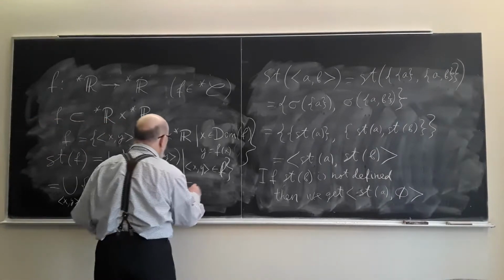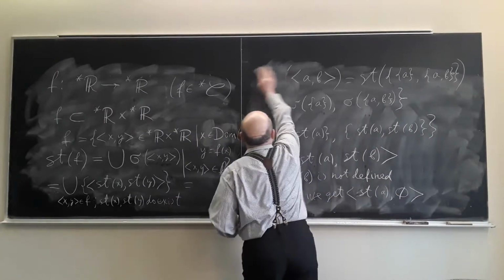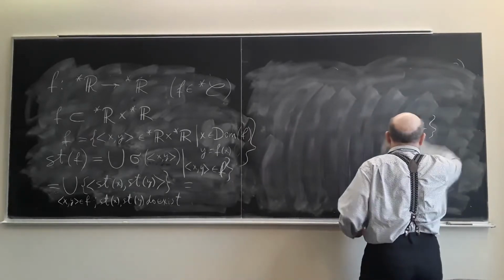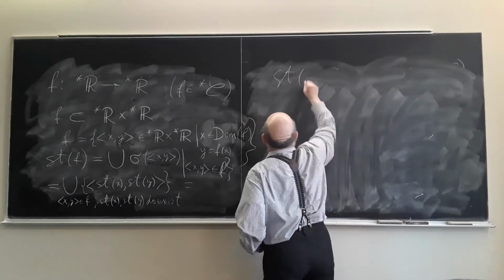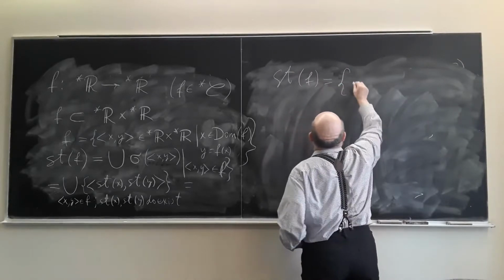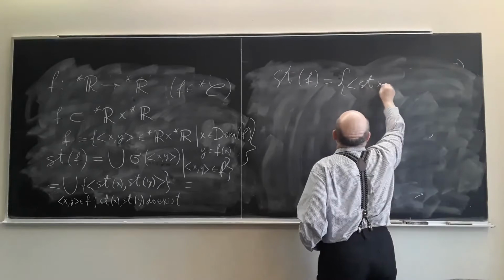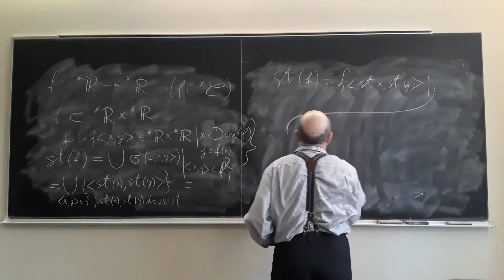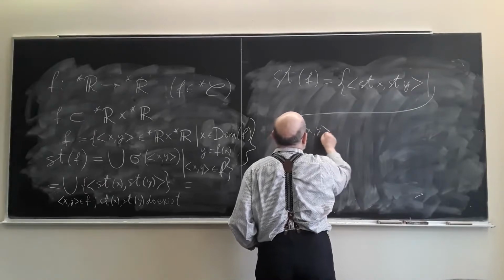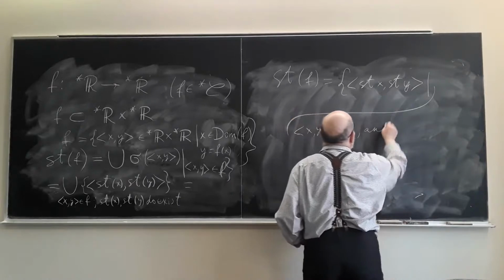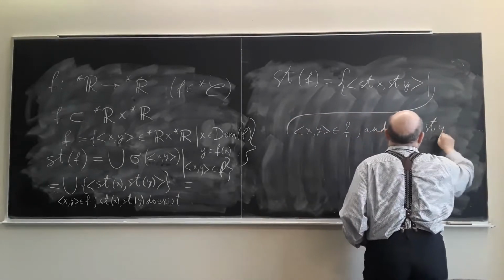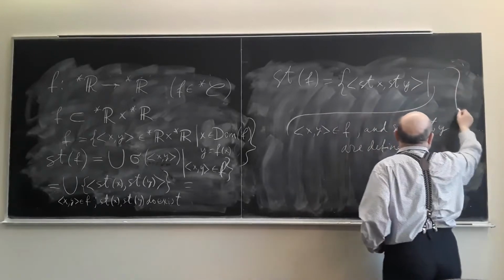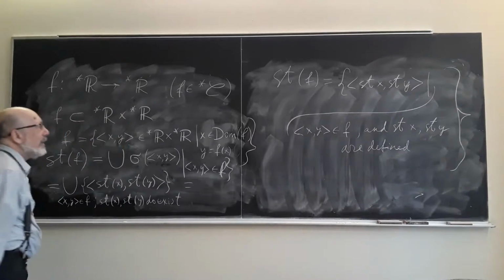And this is simply: standard of f equals the set of (standard x, standard y) such that the pair (x, y) is in f and standard x, standard y are defined. So after all, we have this.